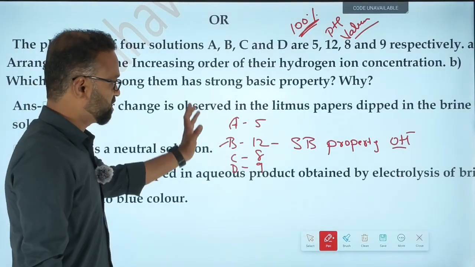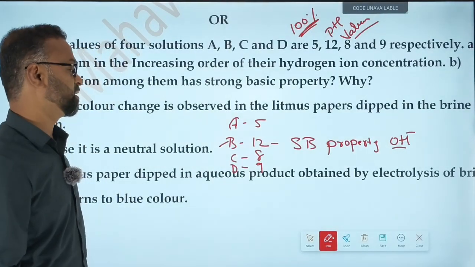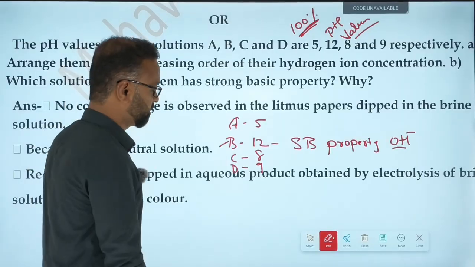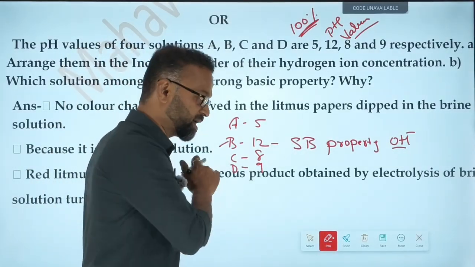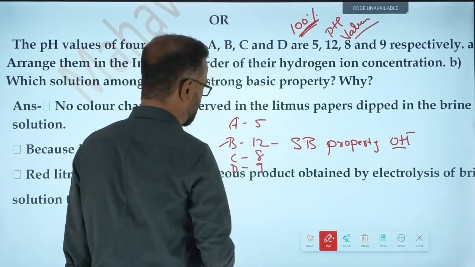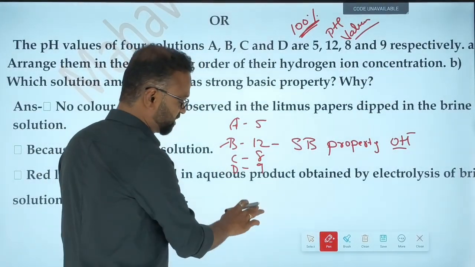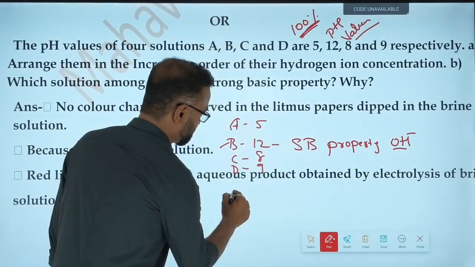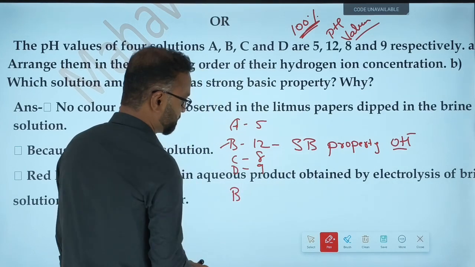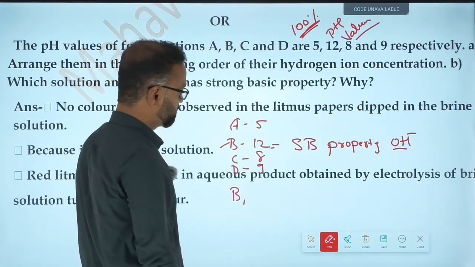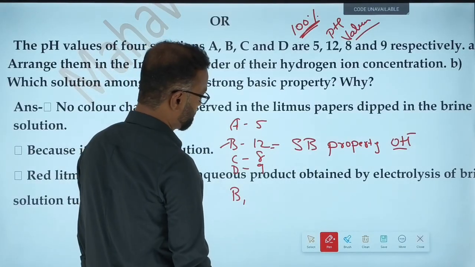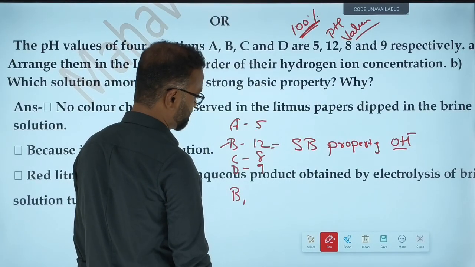Now all this together, they ask you to write in the increasing order of what? Increasing order of hydrogen ion concentration. That means acidic level should increase. So first we should write the least hydrogen ion concentration, that is B. Yes or no? B is 12, least basic property, that is least H plus ion concentration.